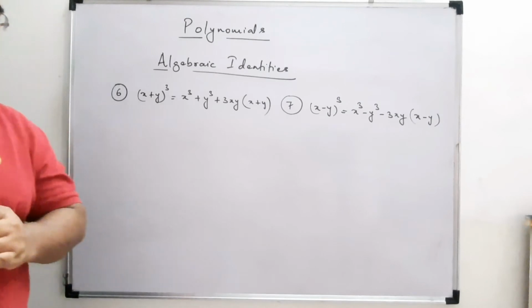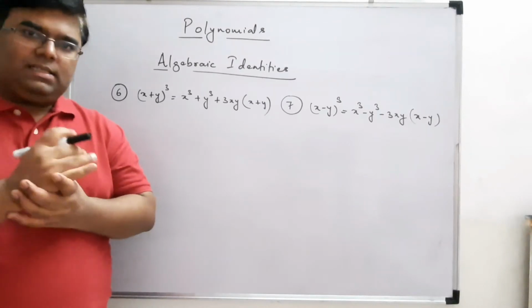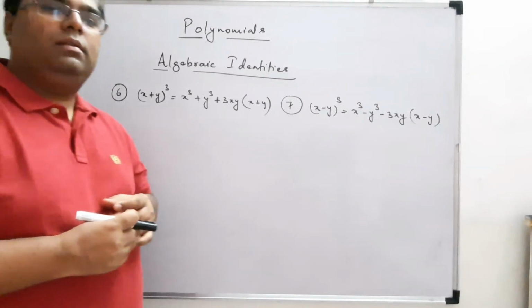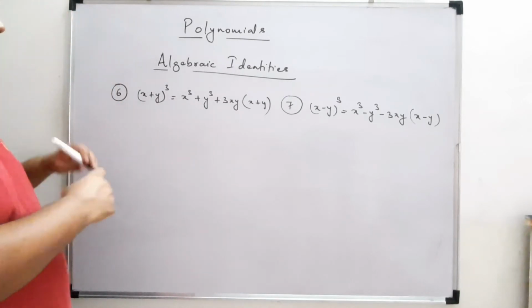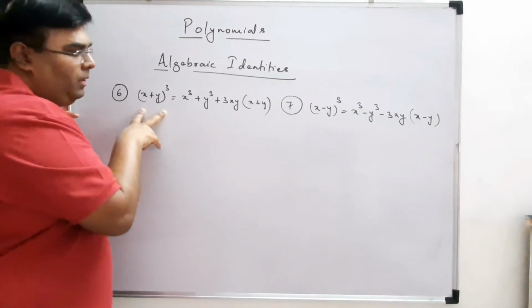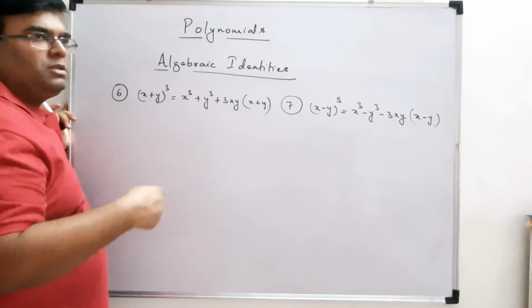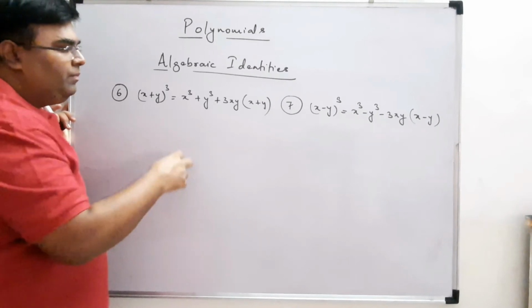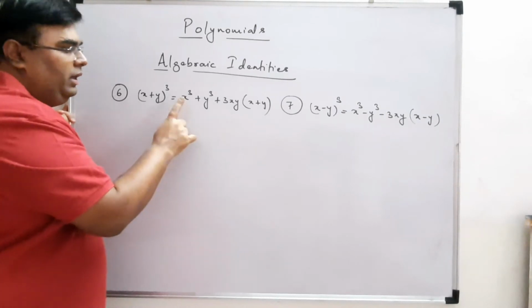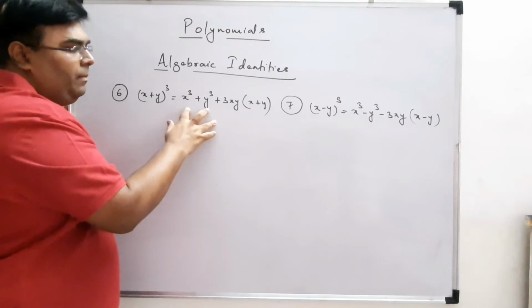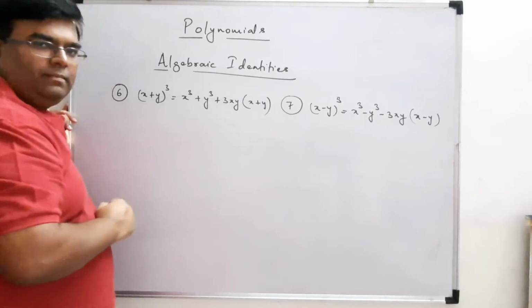Okay, now our next two identities involve power 3, cubes, right? So (x + y)³: if you multiply (x + y) into (x + y) into (x + y), you will get this formula, x³ + y³ + 3xy(x + y), correct?